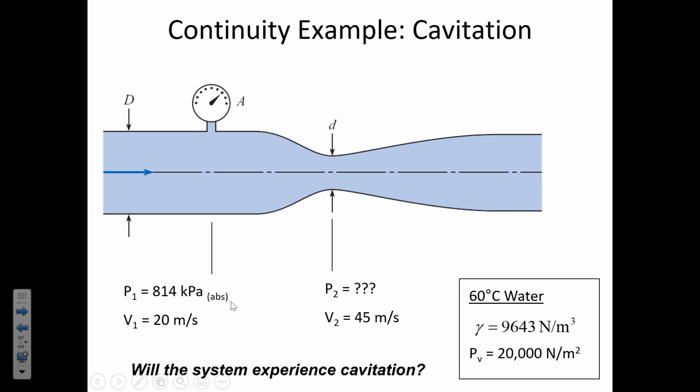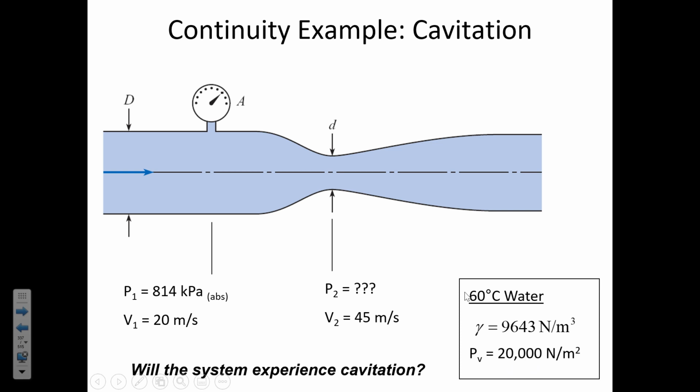So that's not a gauge pressure. That's not measuring the pressure relative to atmospheric as 0. This is a pressure of the liquid using the vacuum of space, meaning the absence of pressure, as 0. The reason we do that is for vapor pressure problems, we want to know P2 in absolute terms because the vapor pressure is given in absolute terms.